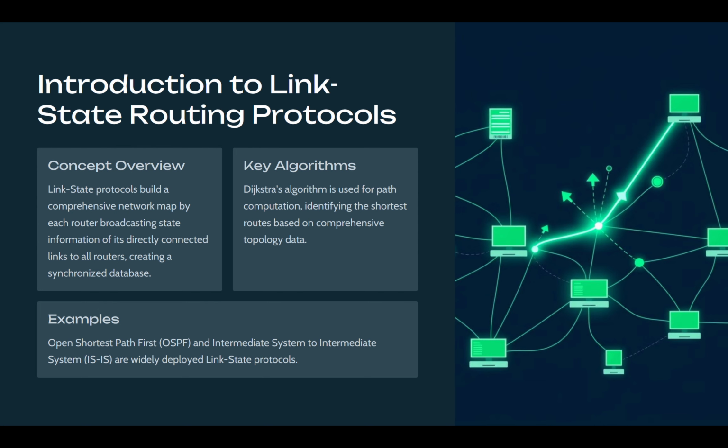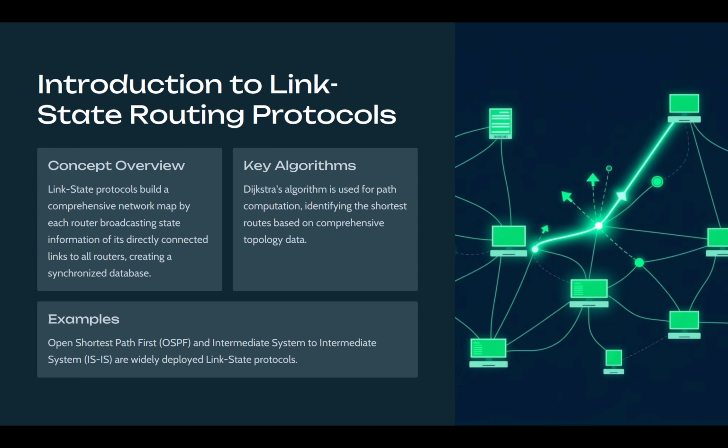Now let us see the link state routing protocols. Link state routing protocols build a comprehensive network map by each router broadcasting state information of its directly connected links to all routers, creating a synchronized database. In this, the Dijkstra algorithm is used for path computation, identifying the shortest routes based on the comprehensive topology data.